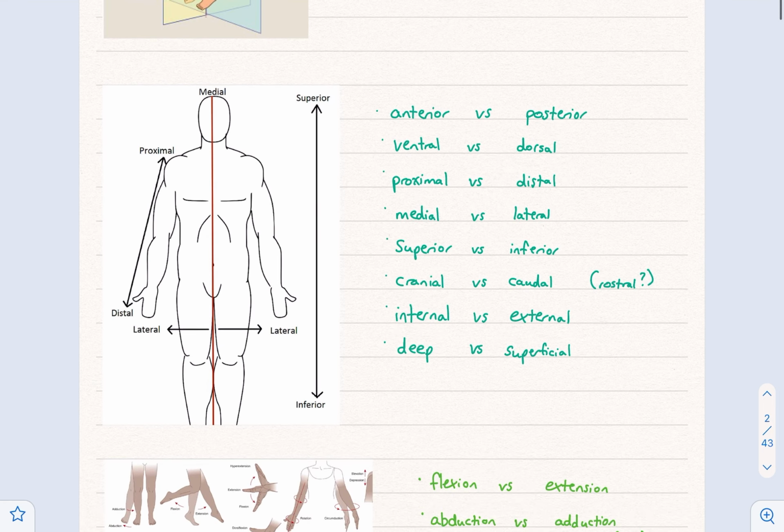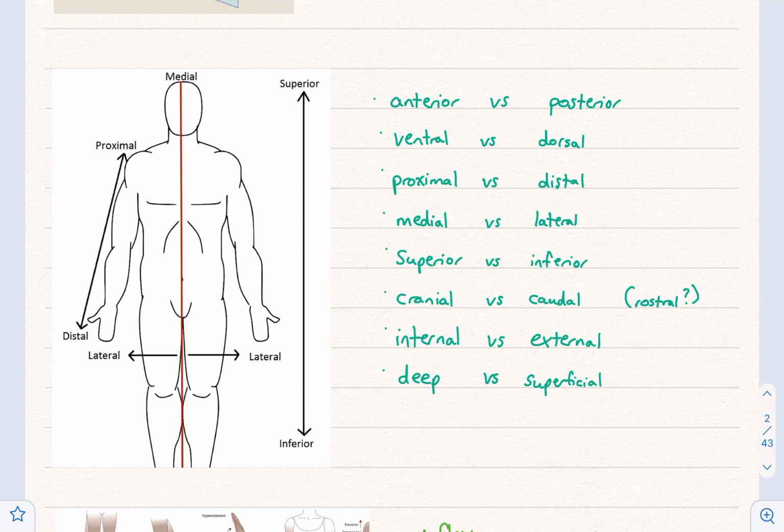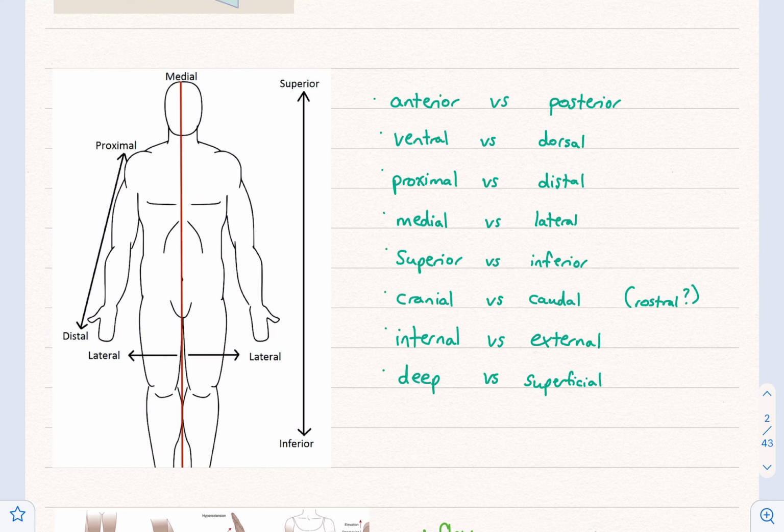Okay, so going on to the next set of definitions. One of the things that's important to mention at this point is the anatomical position. You see this person here, they are in the anatomical position. Where's the anatomical position?